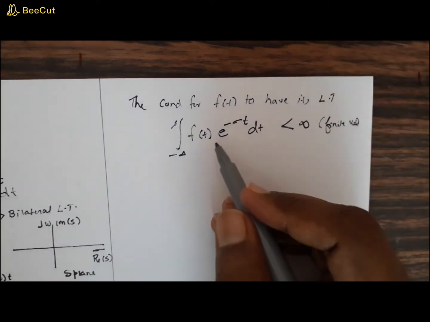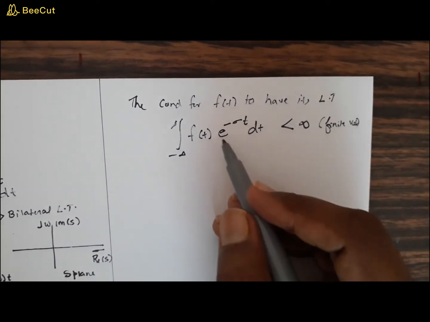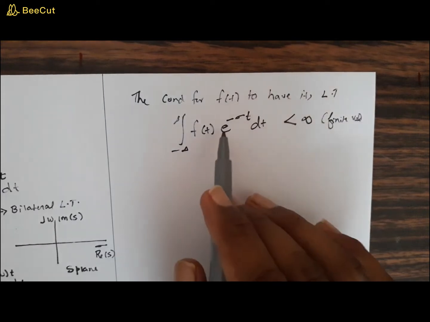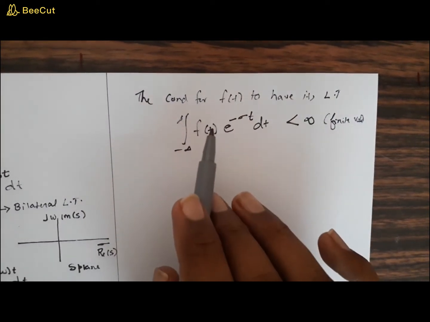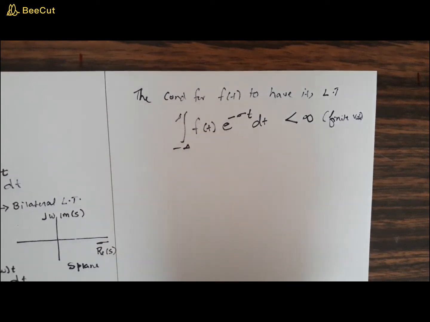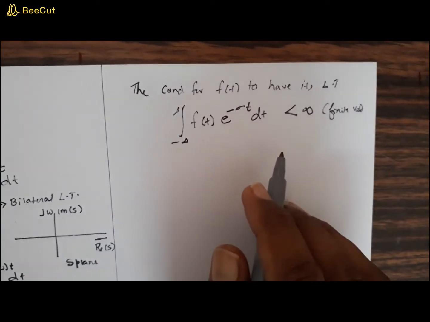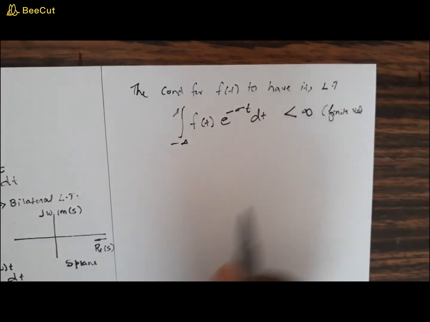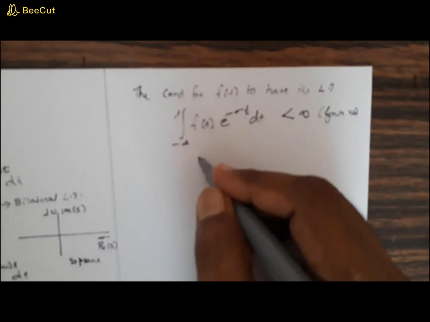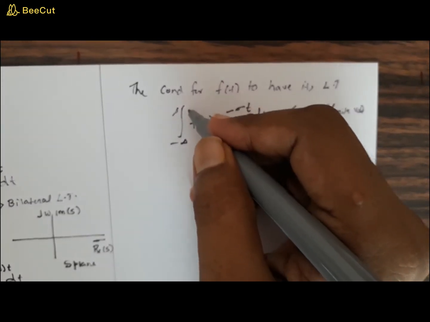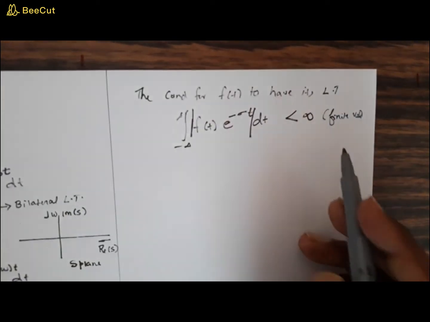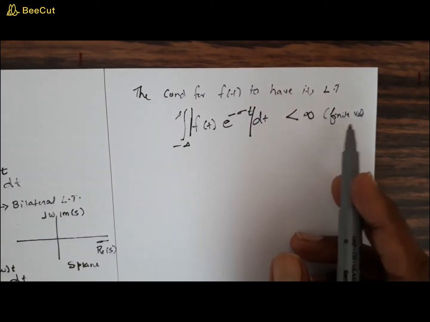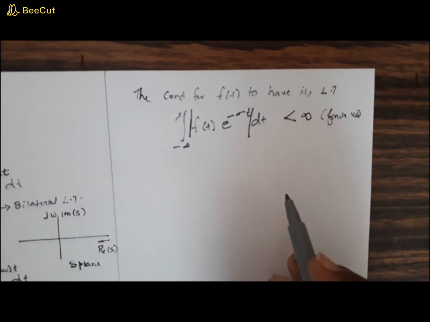Okay, so we know the speciality of this e raised to minus sigma t. It will make this function a limiting function. So that's the condition on sigma, or in other words you can say the integral of the magnitude of f of t times e raised to minus sigma t dt is less than infinity.